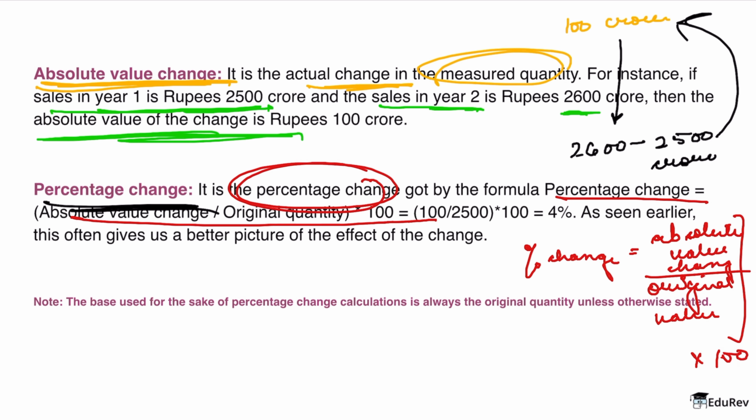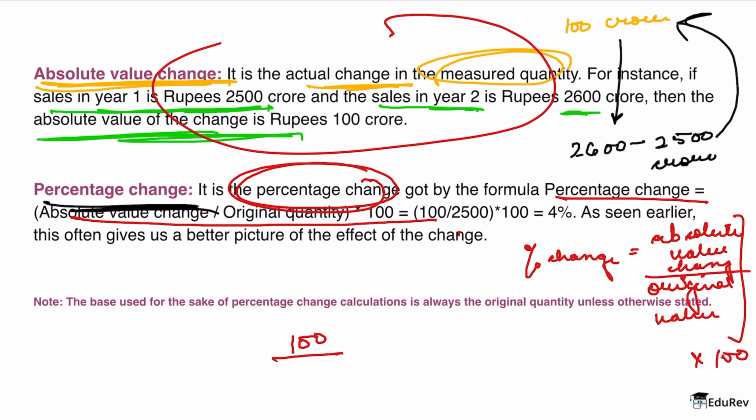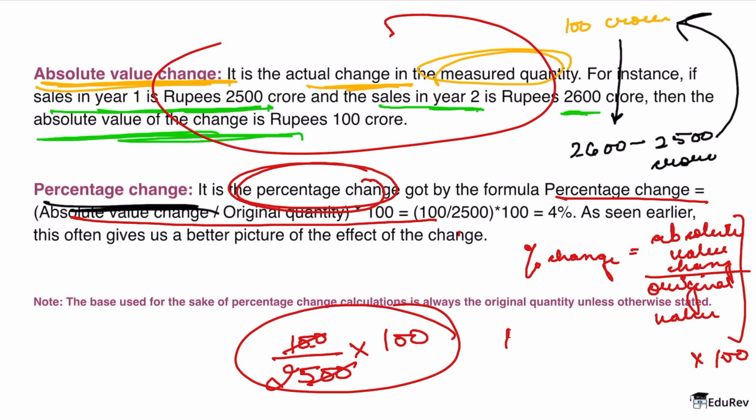So this is your equation. In this case, the change was 100 and the original value was 2500, times 100. So this whole is going to come to 100 by 25, which is nothing but 4%.